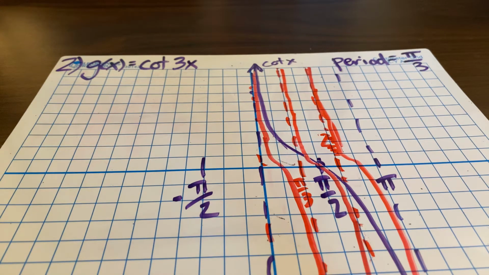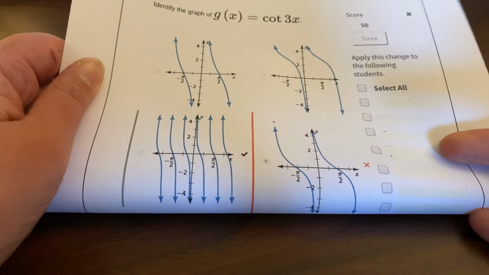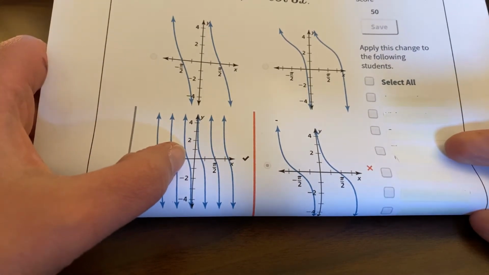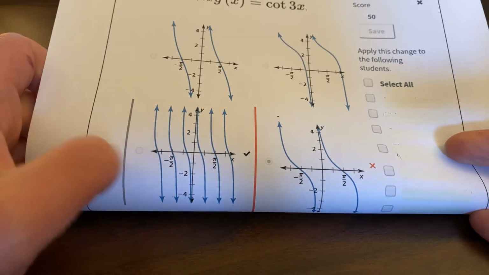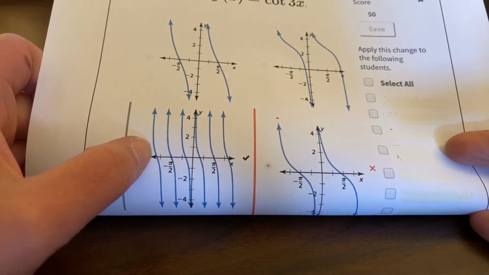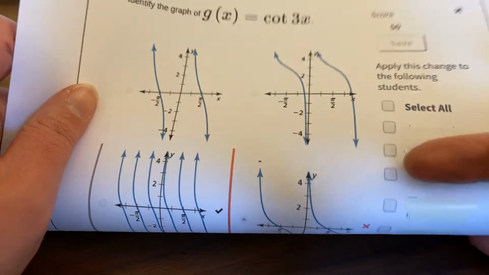But if you had to choose it out of a lineup like this, you would say, okay, well, there need to be 3 cycles between 0 and pi. And so it's going to be this guy right here. This one somehow has shifted the graph up 3 units.